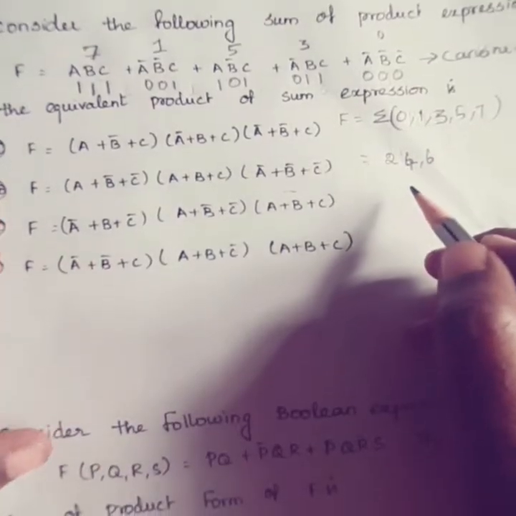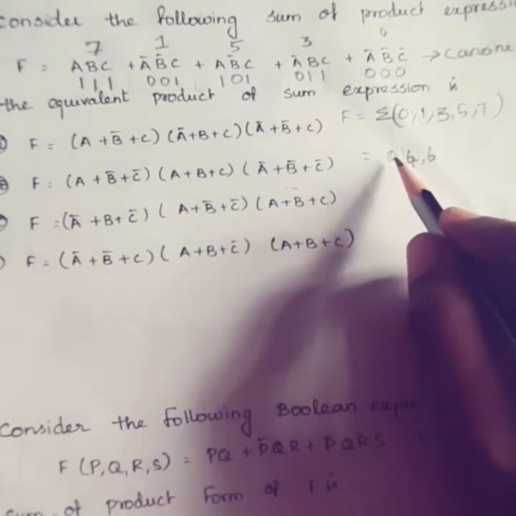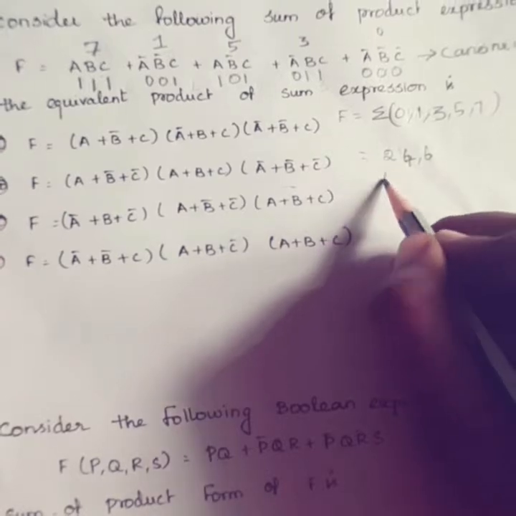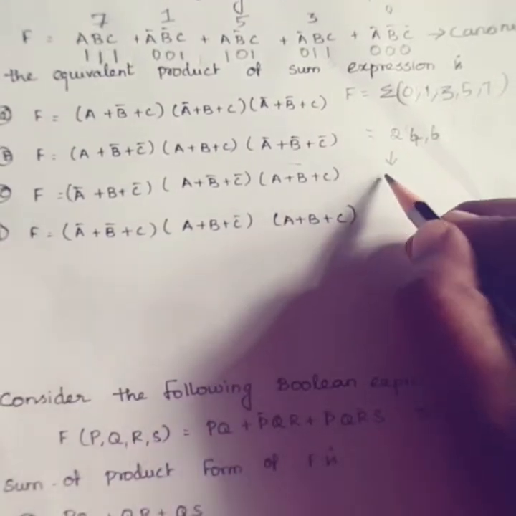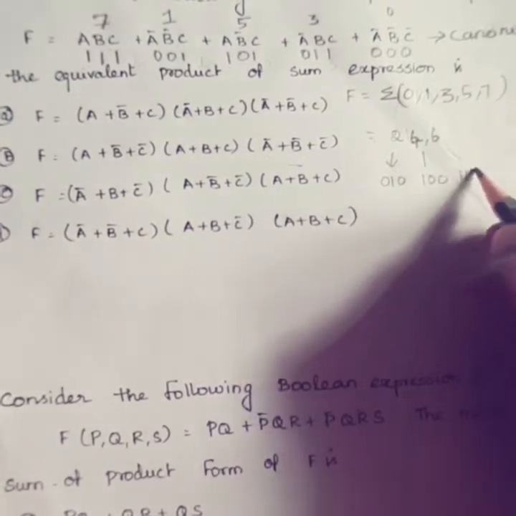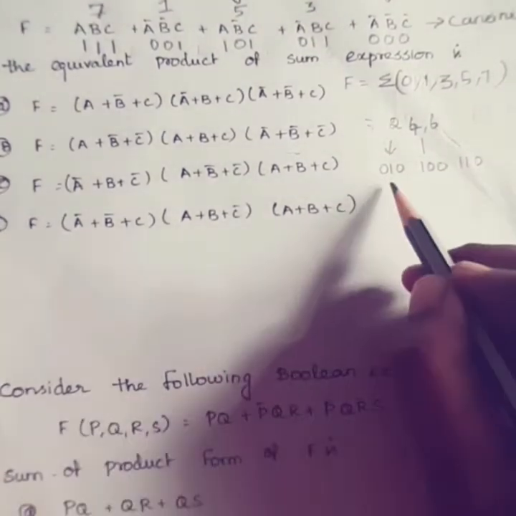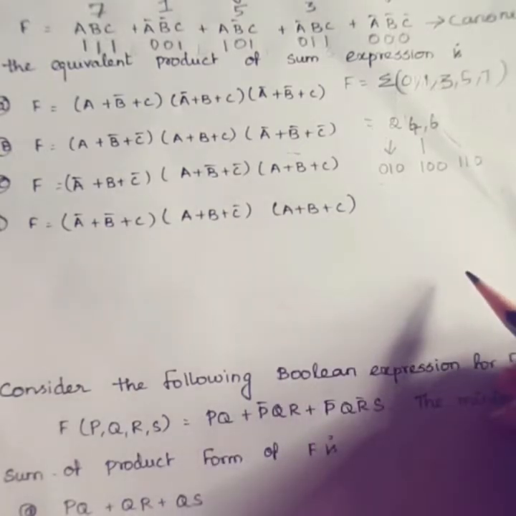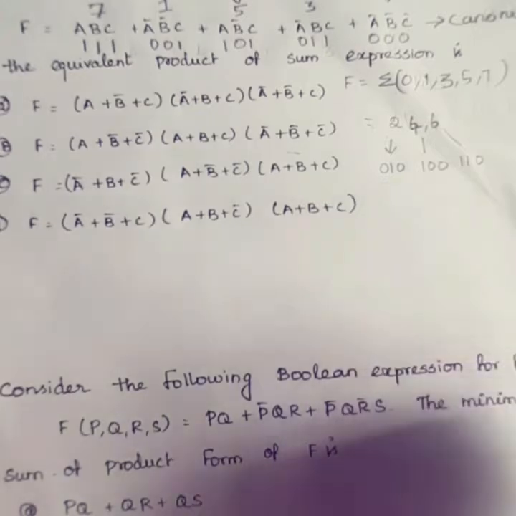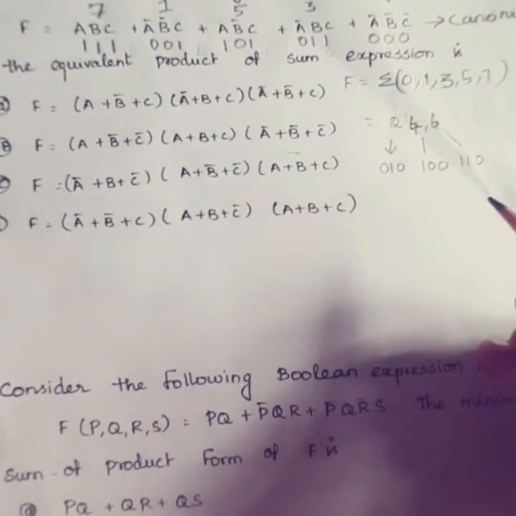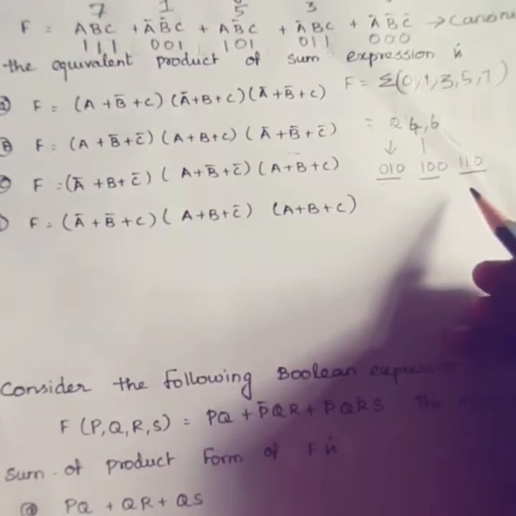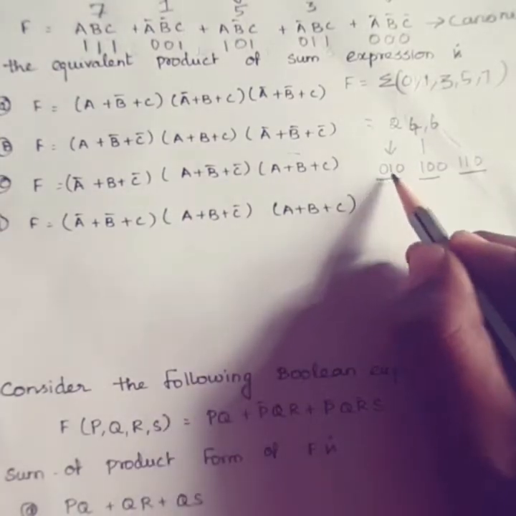Next you have to represent these min terms, that is 2, 4, 6, by means of product of sum. First write the corresponding binary: 2 is 010, 4 means 100, 6 means 110. By using this you have to write the product of sum. First you write the sum terms and then take the product of those sum terms.